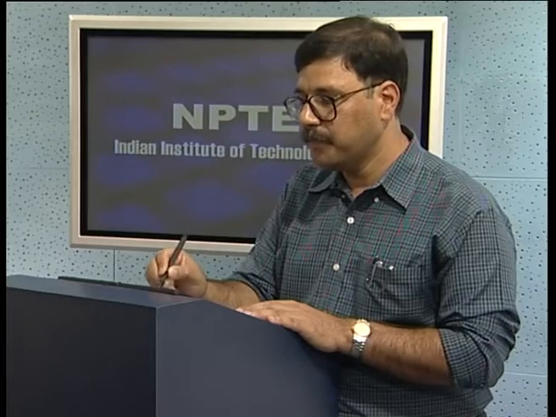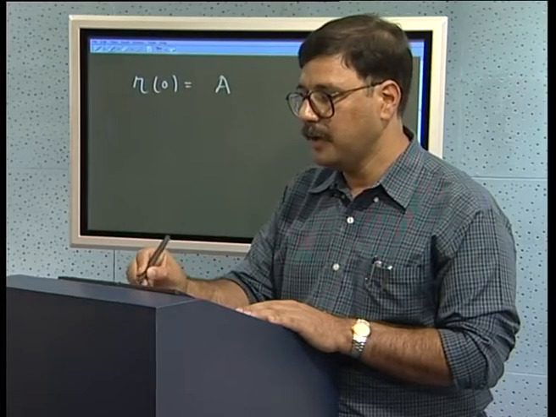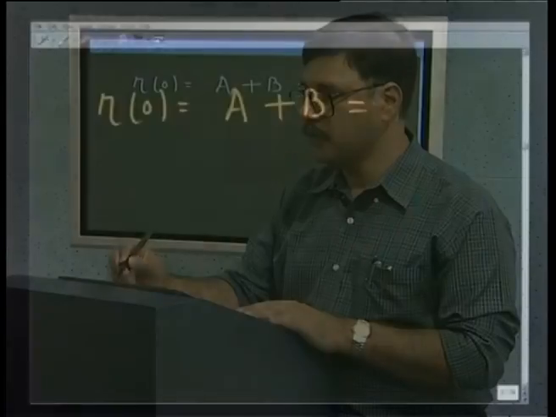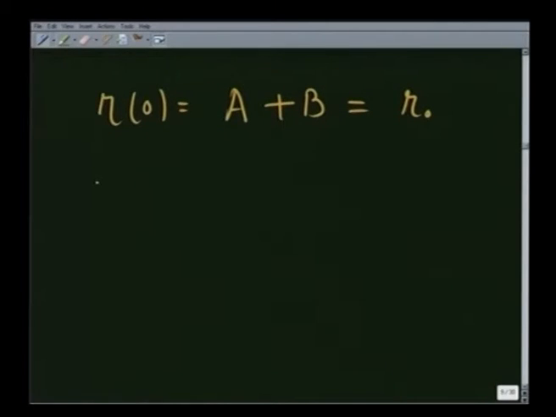So, I am given that r at 0, which is going to be a plus b, is equal to r 0. I have already calculated r dot, and at 0 this is going to be omega times a minus b, and I want to have velocity going in. So, minus v 0.